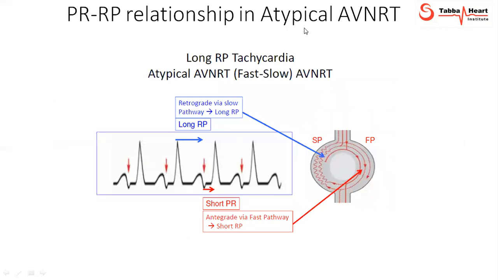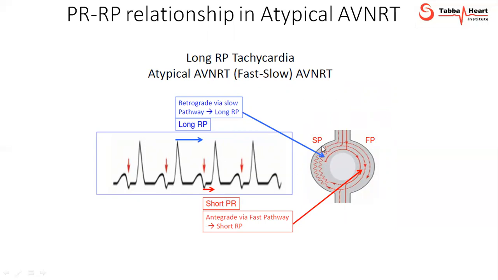What will the relationship be in AVNRT? Now we talked about typical AVNRT. It goes through the slow pathway antegradely and very quickly up the fast pathway, giving a very short RP. If you reverse it, if it goes through the fast pathway antegradely and retrogradely goes through a slower pathway, the RP is going to be long. Okay, so this is how it's going to look.